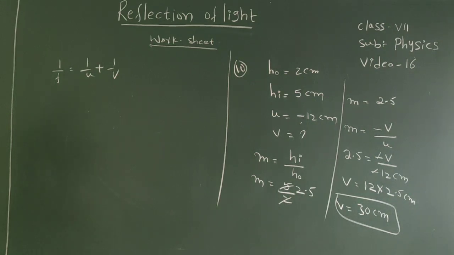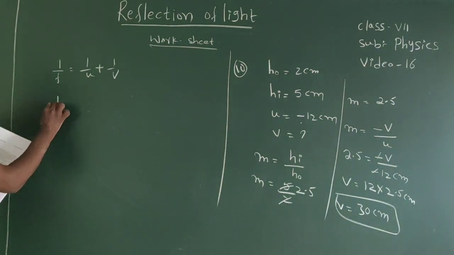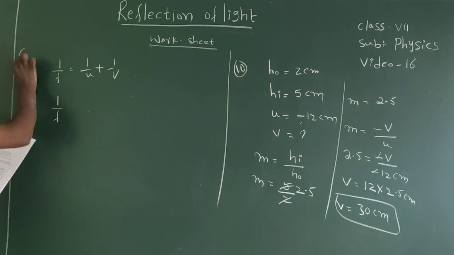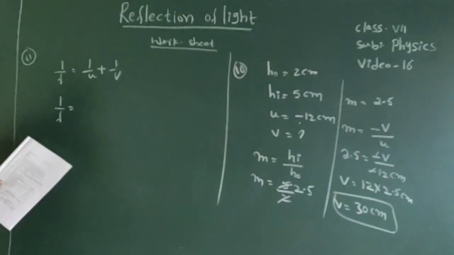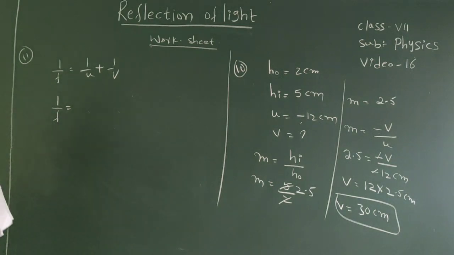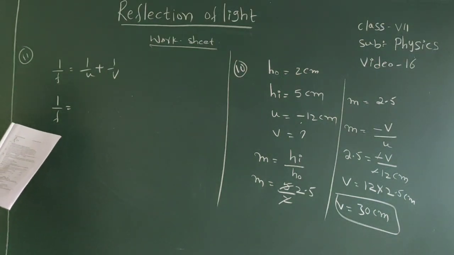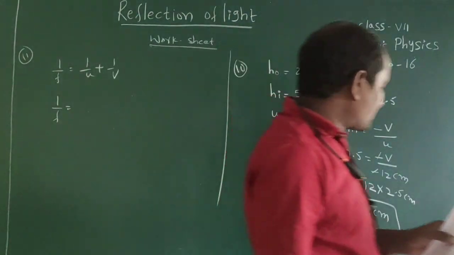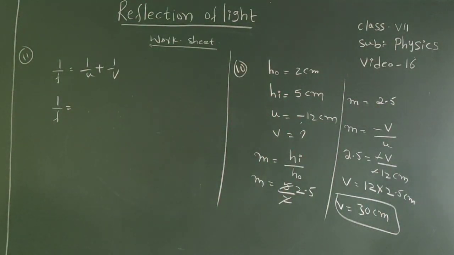Now 1 by f, 11th one, equal to 1 by u plus 1 by v. u equal to minus 12 and v equal to 30 centimeters.